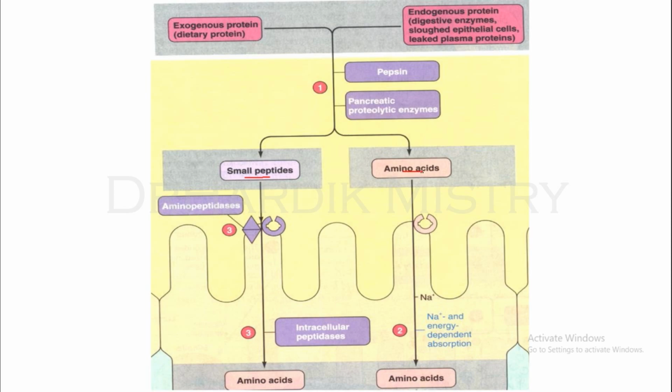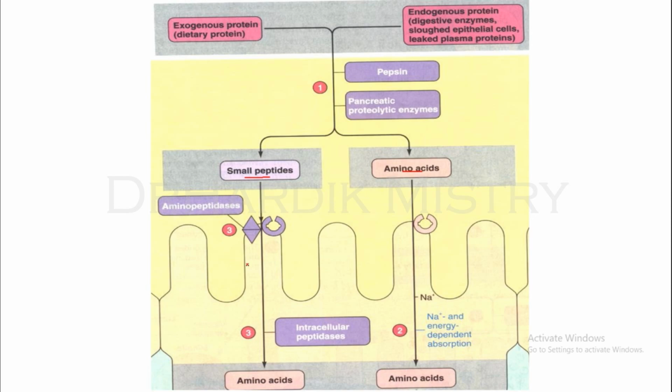Now these amino acids directly enter into the cell, and no further action is needed to convert them. But the small peptides, which include the dipeptides and tripeptides, etc., must be converted to amino acids before absorption. So there are two different types of enzymes at different sites.